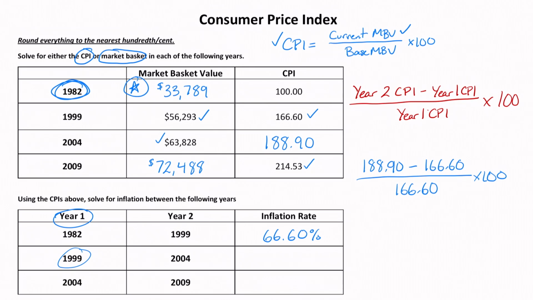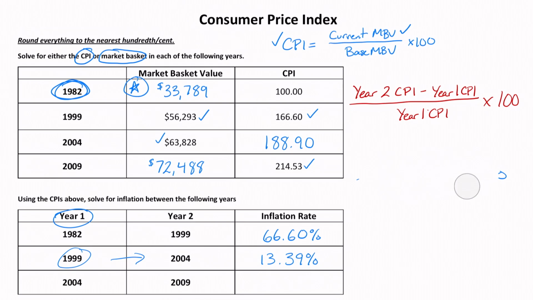And again, we can just plug in and work, and you end up getting 13.39% once we round. And again, what we're saying is that in these 5 years right here, prices went up a total of 13.39% across those 5 years.